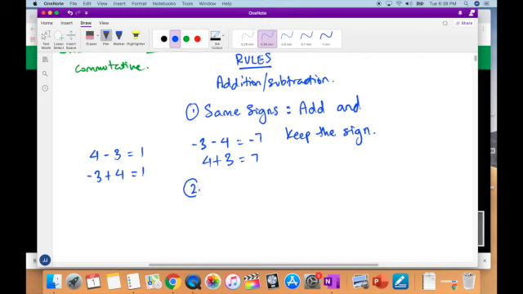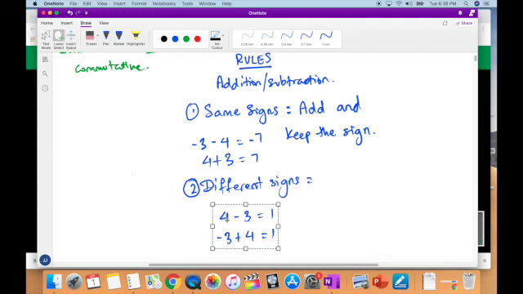Alright? And what's the second rule then? What do you do when there are different signs? So if you're looking at these guys here, the signs are different. The 4 is positive, the 3 is negative. So what do you do when there are different signs? What is the rule?